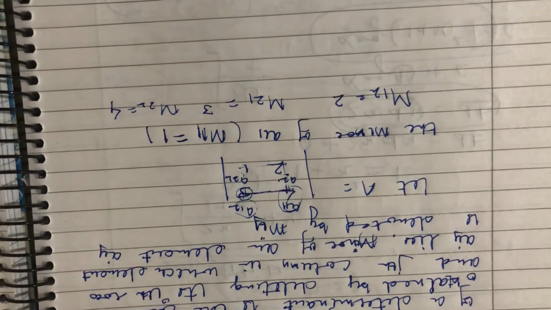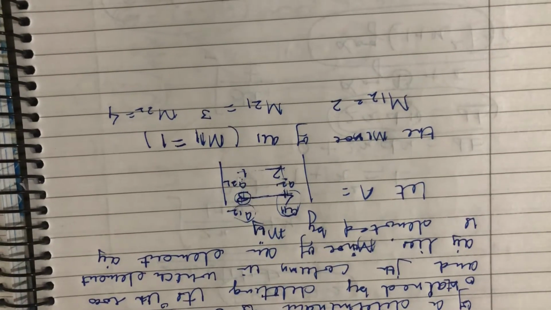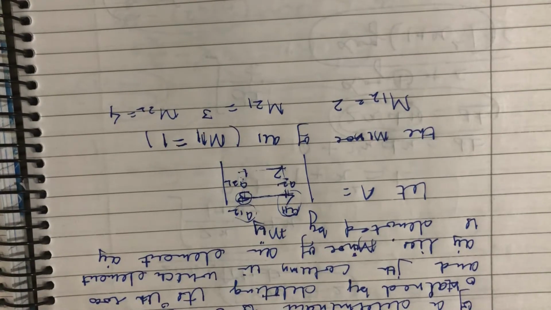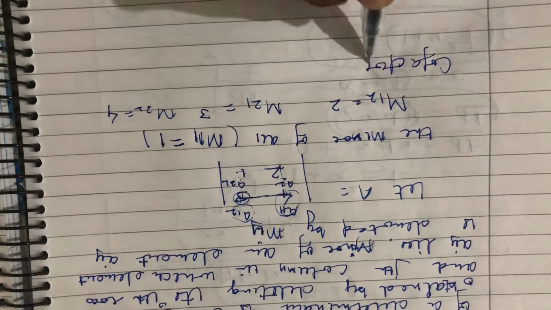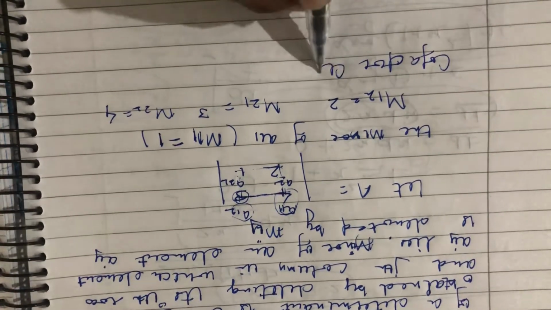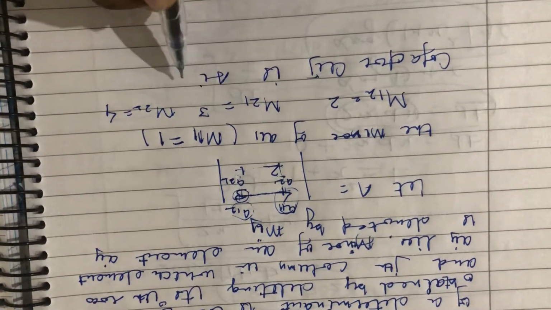If we want to find the cofactor of a determinant, the cofactor of Aij is (-1) raised to the power i plus j, multiplied by Mij.